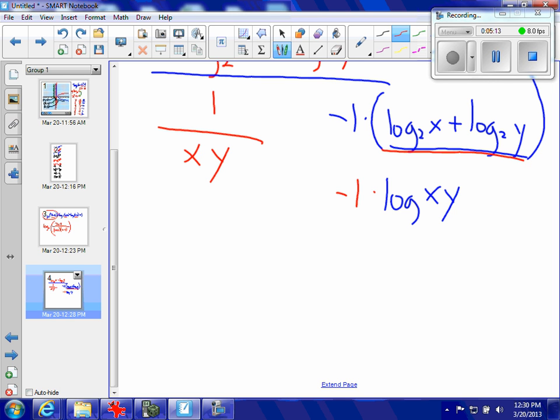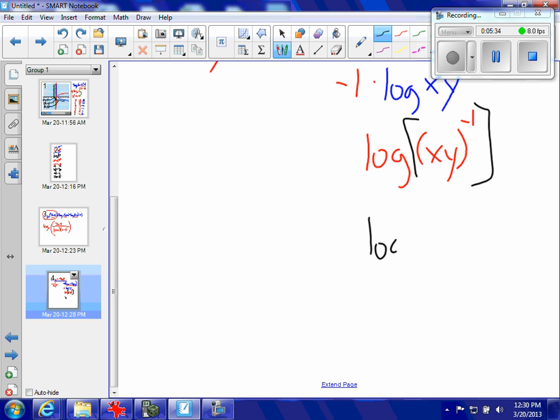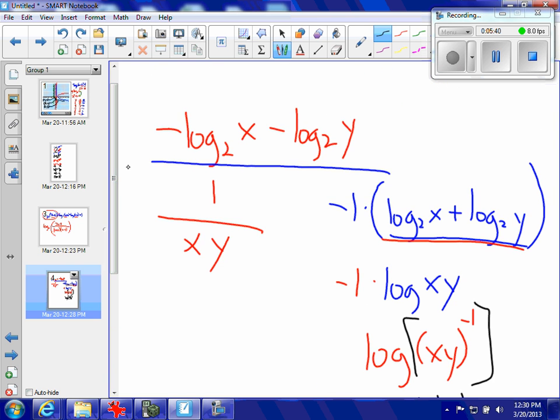Because it's negative, this would become log xy to the negative 1, right? And xy is the argument of my logarithm. This is log 1 over xy, which is the same thing as this right here, except that I forgot to write the word log in front. All right, does everybody see that?